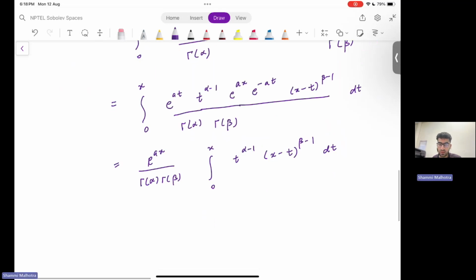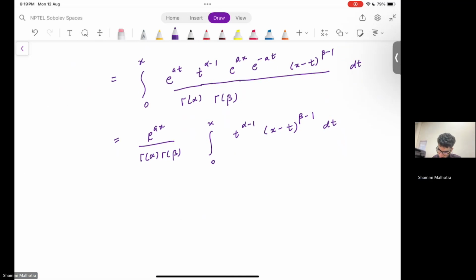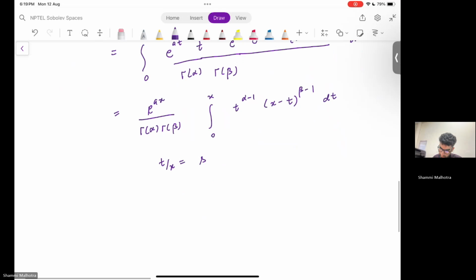So this seems to be a gamma integral, so we need to change the variable. So we put t by x to be s. Then this integral, e^(ax) over gamma alpha gamma beta. Already we have x to be non-negative, so I can divide by x.